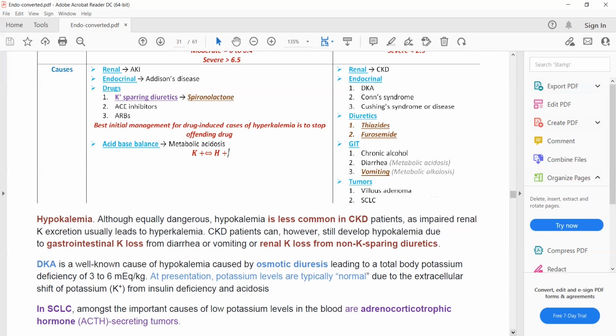Now, some drugs that can cause hypokalemia are thiazide diuretics and furosemide. So thiazide diuretics and furosemide can cause hypokalemia due to loss of potassium in the urine.